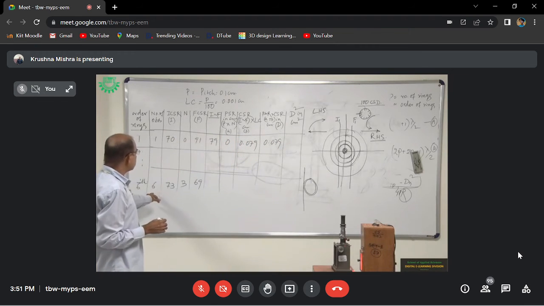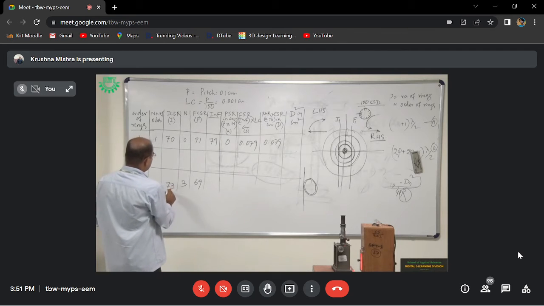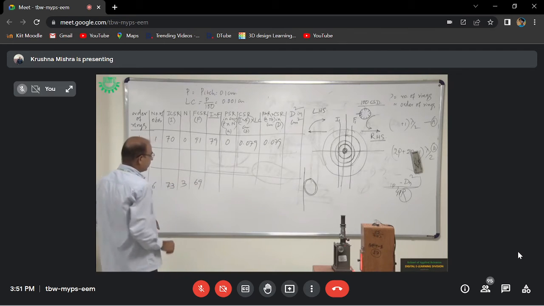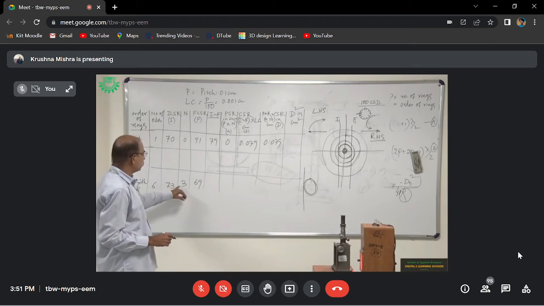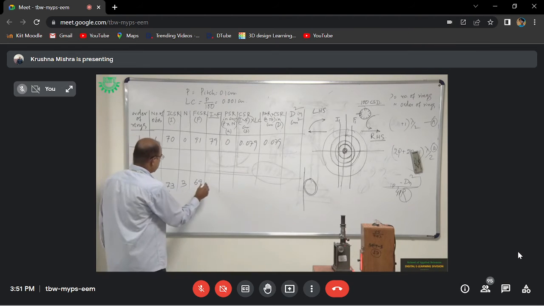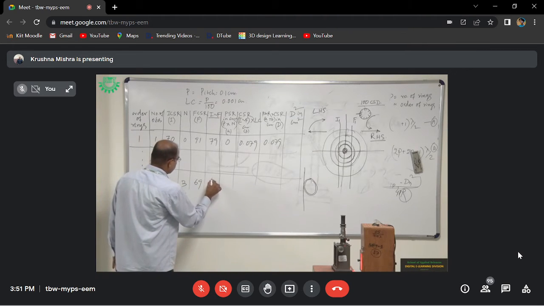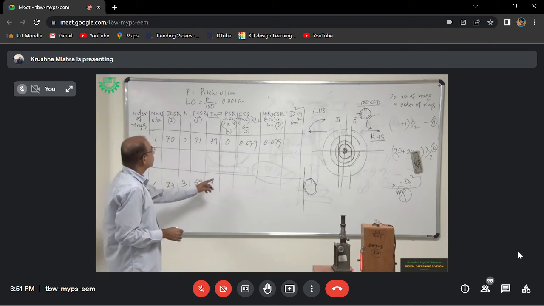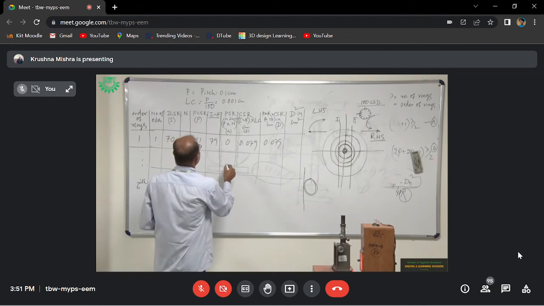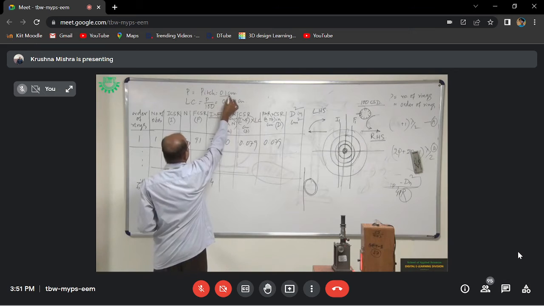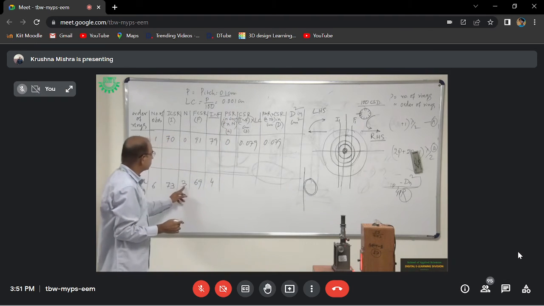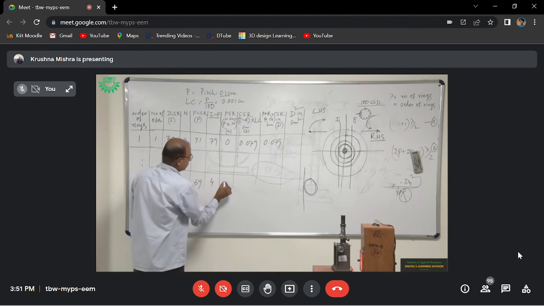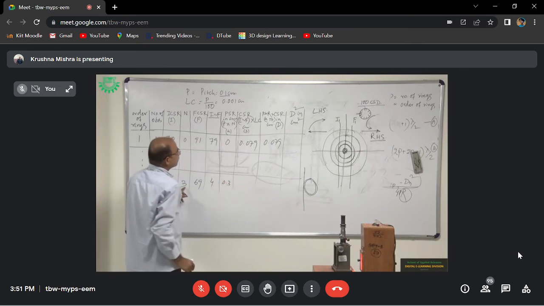Similarly, for the 6th order ring, this is 73 minus 69. Here it is greater, so we can easily subtract. It gives us 4. Then PSR, 0.1 pitch multiplied with 3 number of rotations, becomes 0.3.